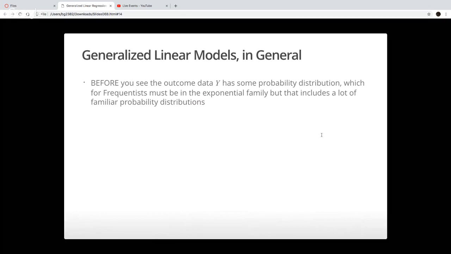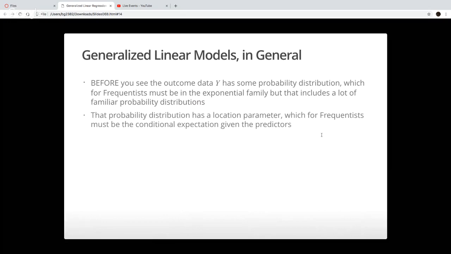Before you see the outcome data, the outcome is going to have some probability distribution. For frequentists, this has to be a distribution among the exponential family, which includes the exponential distribution and the normal distribution and a bunch of others. So a lot of familiar distributions there. For Bayesians, it doesn't necessarily have to be from the exponential family, but it often is.